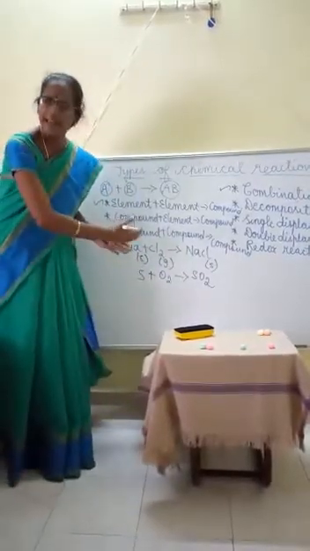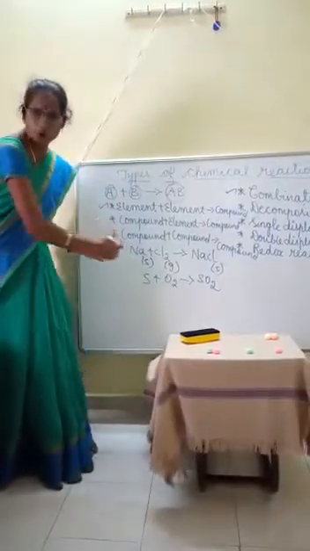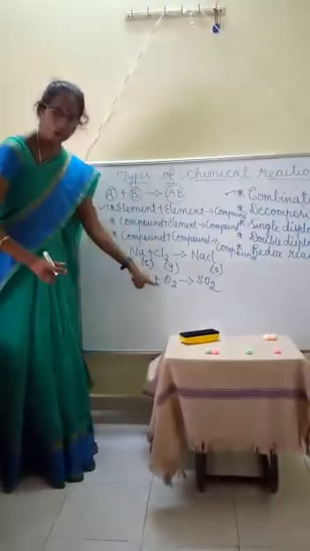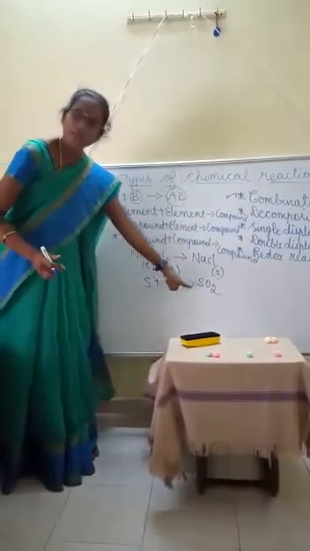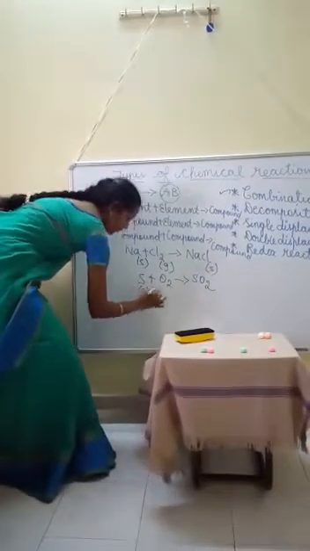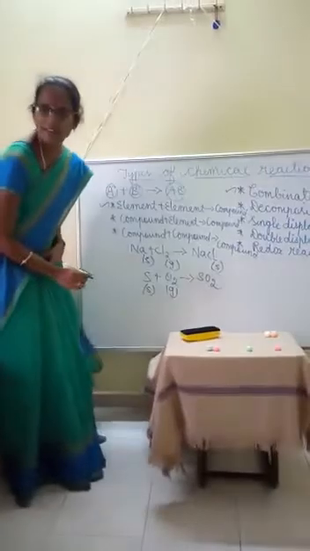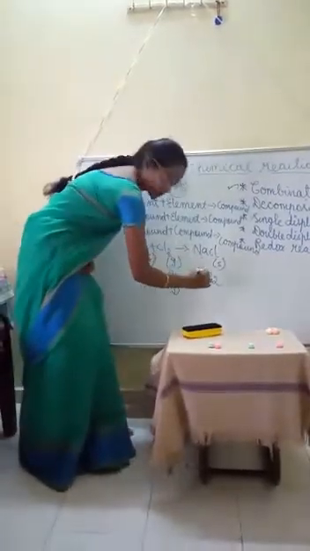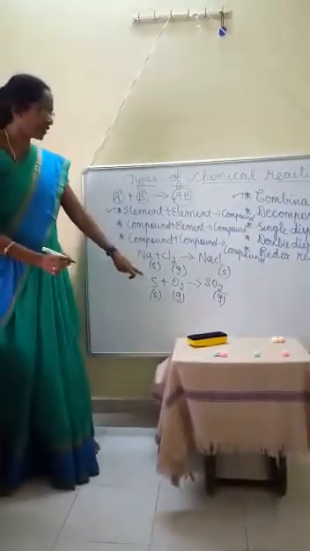Here both the reactants are non-metals, so the reaction takes place between non-metals. So S plus O2 gives SO2. Sulfur is a solid, oxygen is a gas, and sulfur dioxide is a gas. So this is one of the examples.